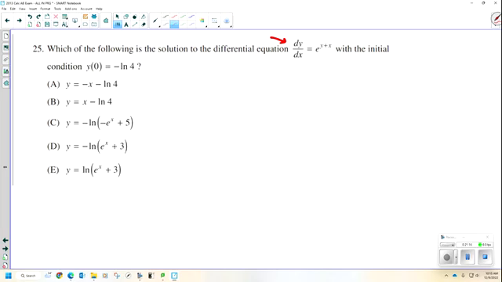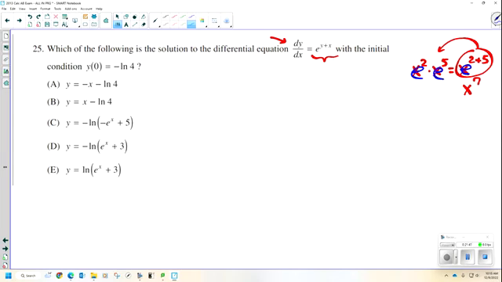Whenever you add exponents, that means you multiply common bases together. What do I mean? If I have x squared times x to the 5th, that's like saying x to the 2 plus 5, which is x to the 7th. We currently have this, and we're going to break it up to here. If I have e to the 2 plus 5, that's like e to the 2 times e to the 5.